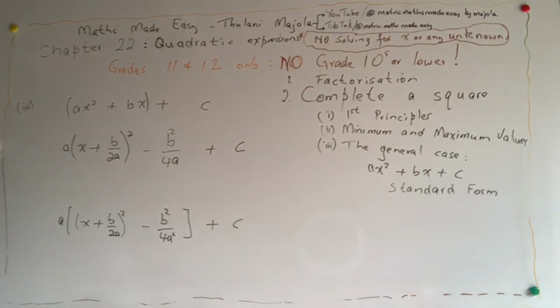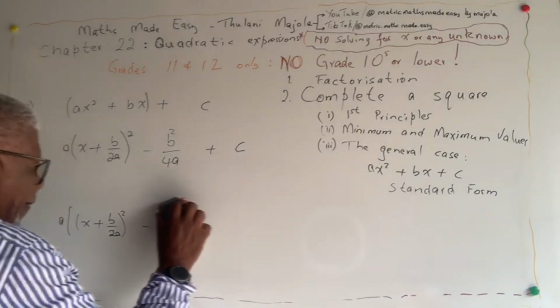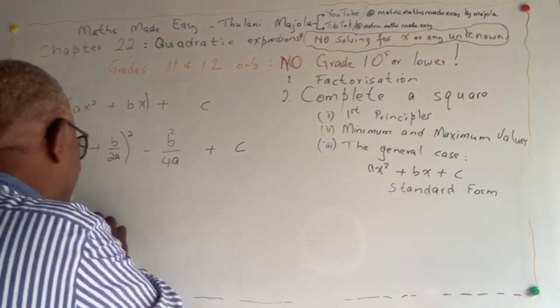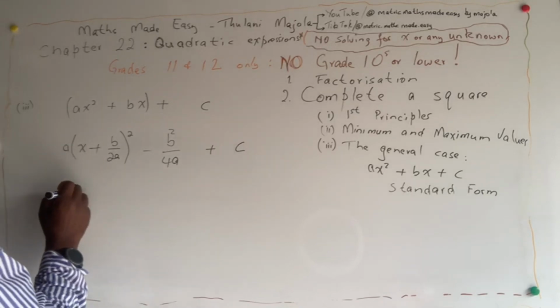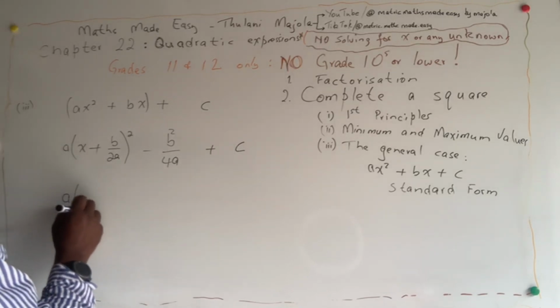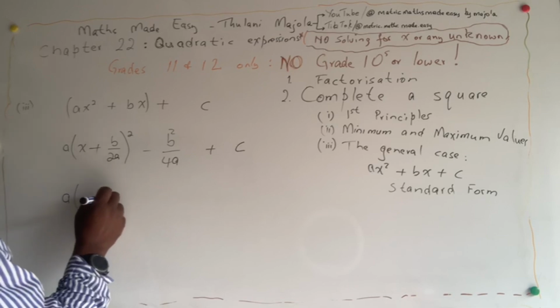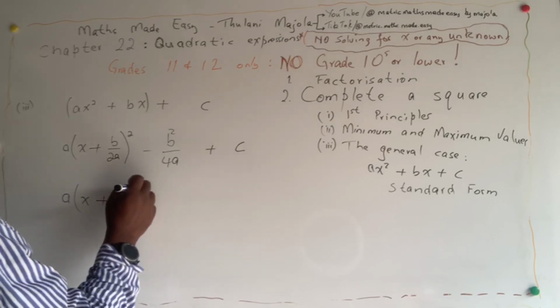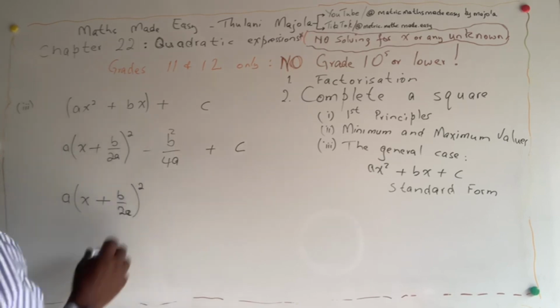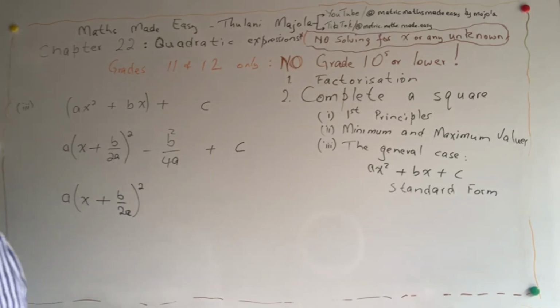Okay, now we have done that. You just need to simplify it a little bit so that I can explain further. You've got your a, you've got your x plus b over 2a all squared, but now you need to add these two terms.